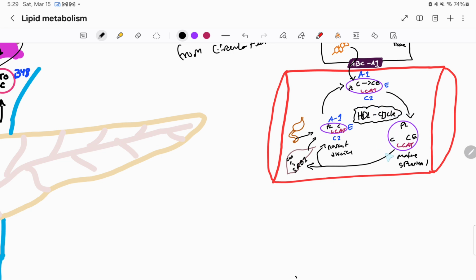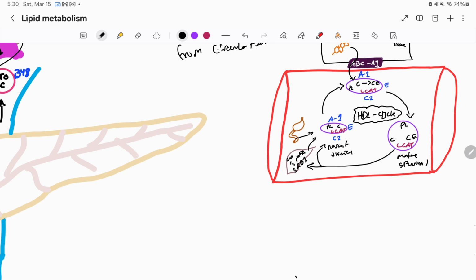After it has finally done all of its cycles, it will come back to the liver, interact with that same SR-B1 receptor, and now get endocytosed, releasing its cholesterol and also some fatty acids, because it had those phospholipids in there. And then it'll finally be done with its life cycle.